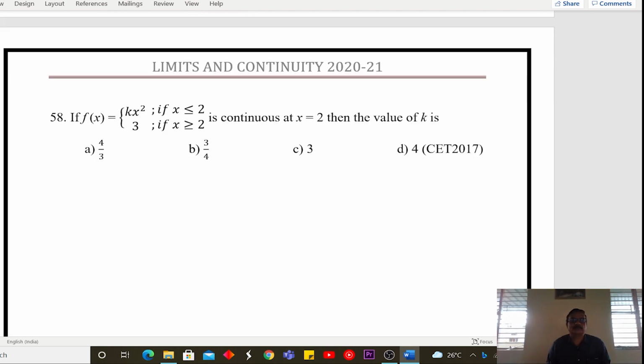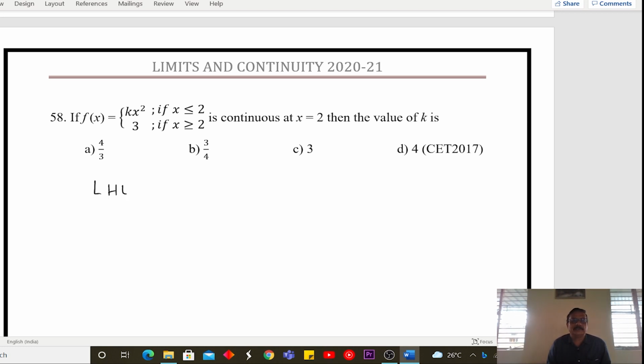Okay. Question number 58. The function f of x is equal to kx² if x is less than or equal to 2 and f of x equal to 3 if x is more than or equal to 2, is continuous at the point x equal to 2, then the value of k is. That question was asked in 2017 CET. Now here less than, more than is given, so what can you do?